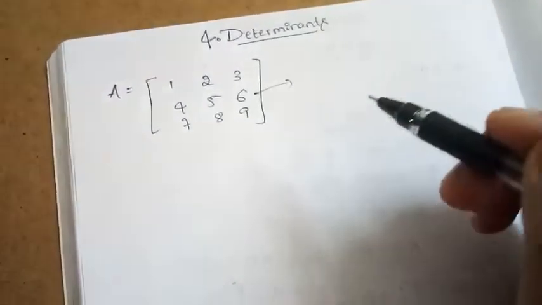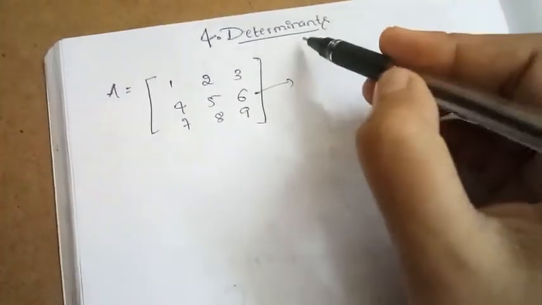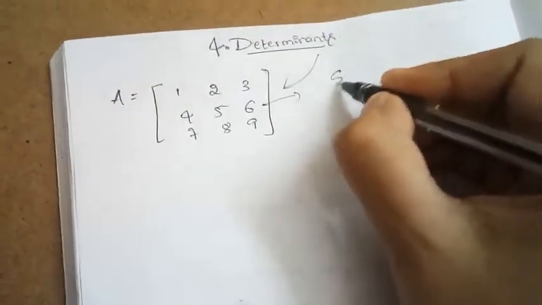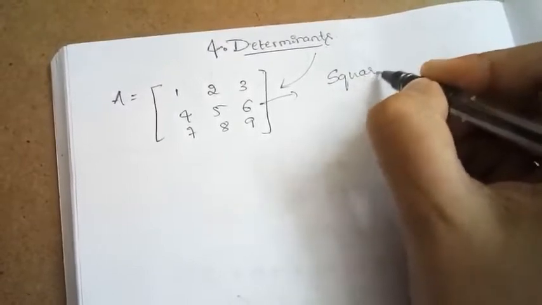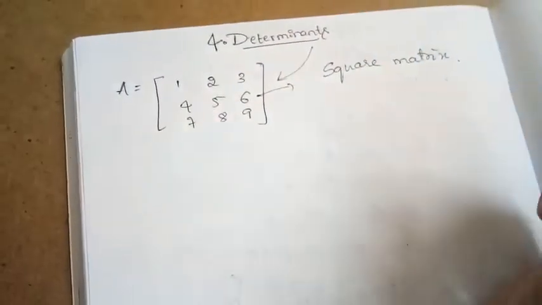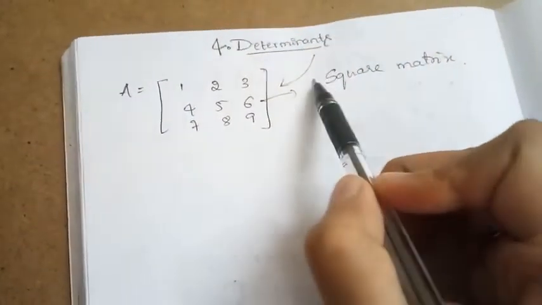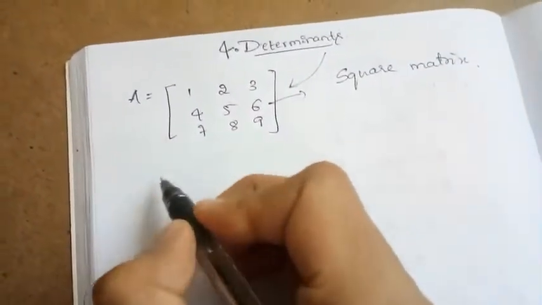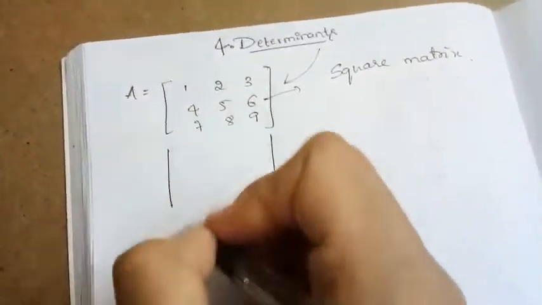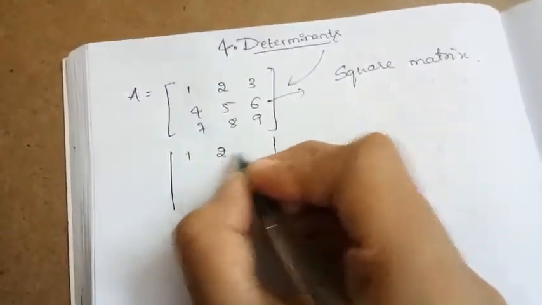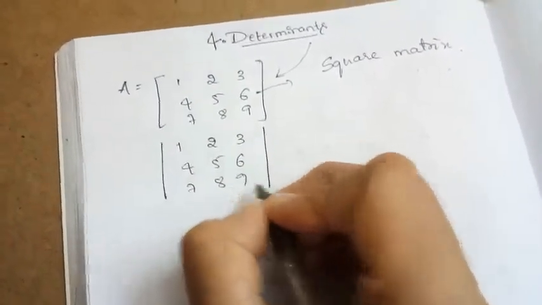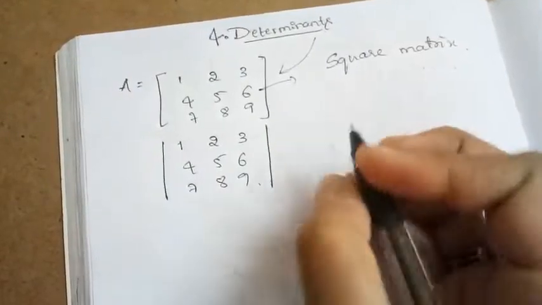Here a determinant is associated with the square matrix. Not only matrix, in the matrix it is associated with the square matrix. A determinant is usually denoted with two parallel lines, and the elements are written in between those parallel lines, and we call it a representation of a determinant.